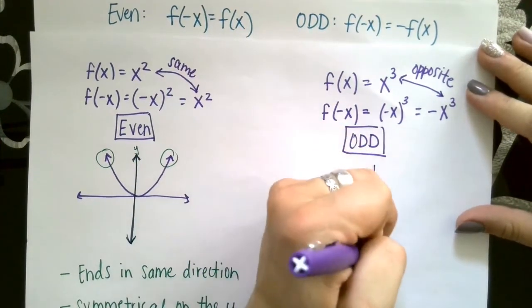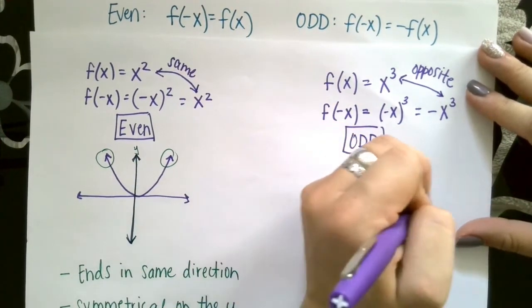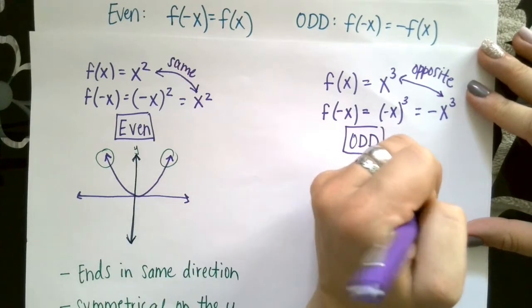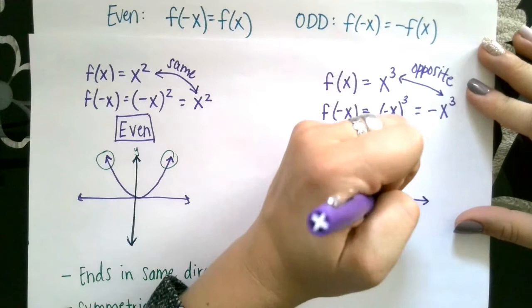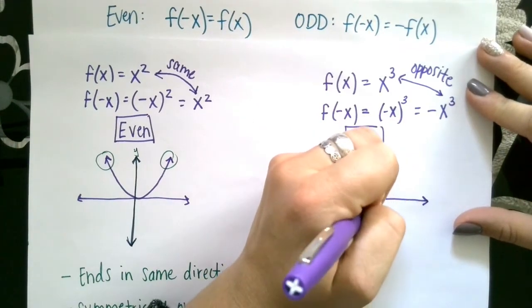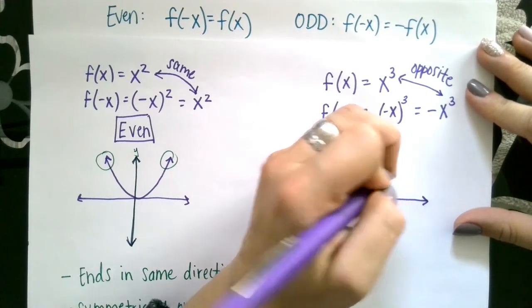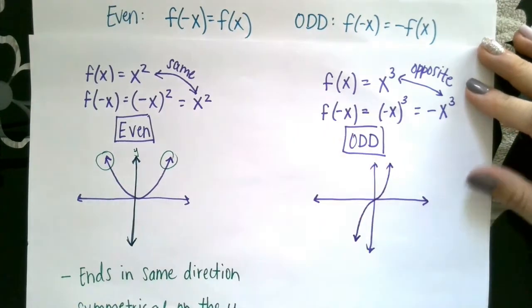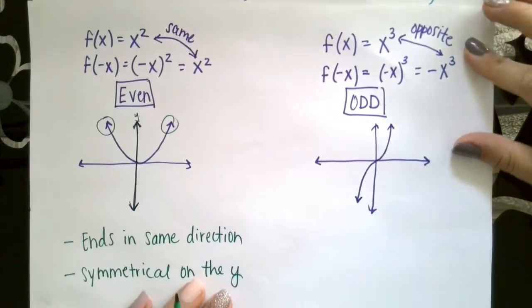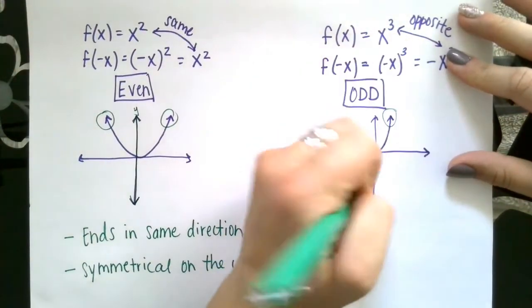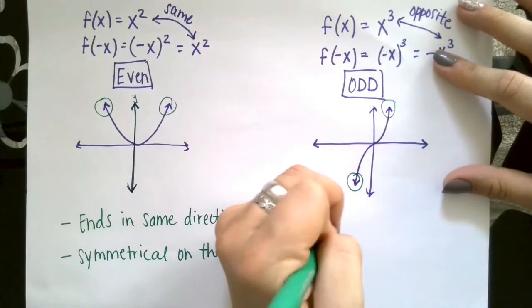Now again, I'm going to type this into Desmos and draw a rough sketch of what this graph looks like. It's going to look something like this. Okay. And if I look at this, one way I can tell it's odd, my arrows are going in opposite directions.